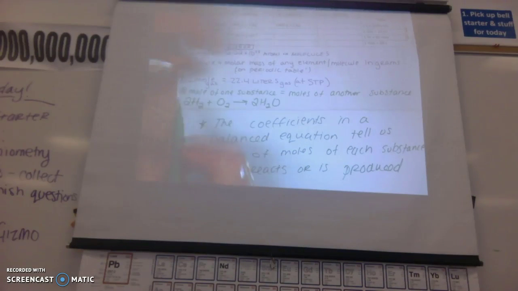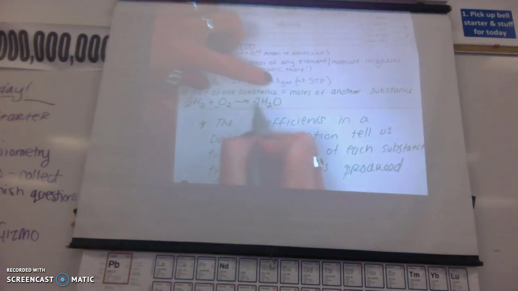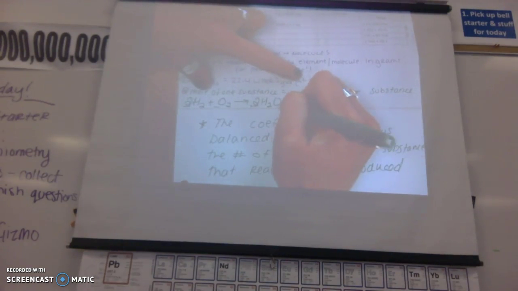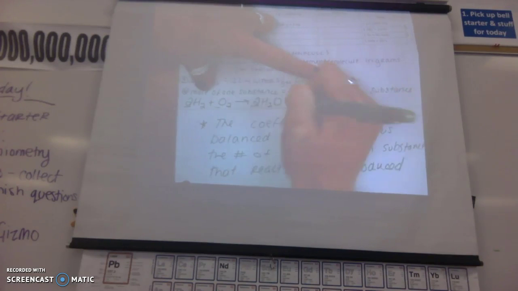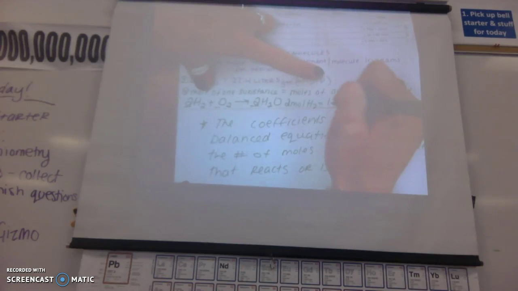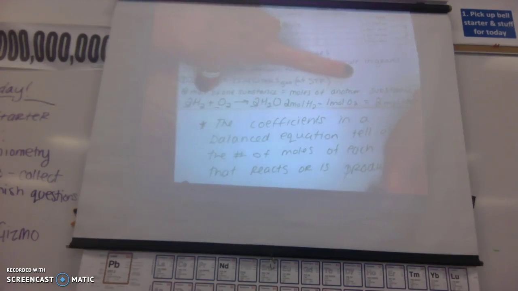So we read these coefficients. We can write equalities. 2 moles of H2 is equal to 1 mole of O2 is equal to 2 moles of H2O.